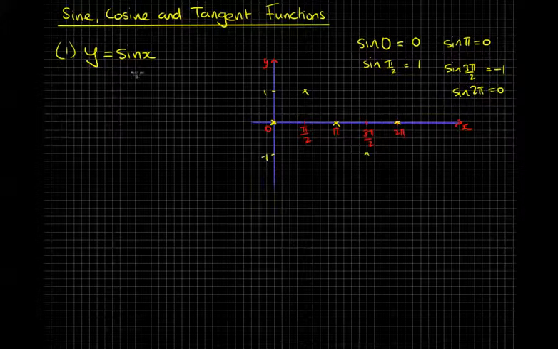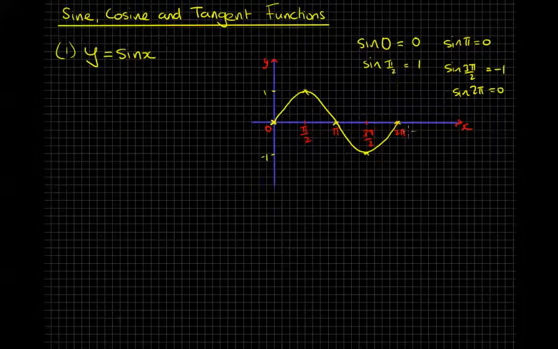So the sine function, sometimes called the sine wave, is a wave function that looks a bit like this. It starts at 0, goes up to 1, back down to 0 at pi, then goes down to minus 1 at 3 pi over 2, and then goes back to 0 at 2 pi, and it repeats.